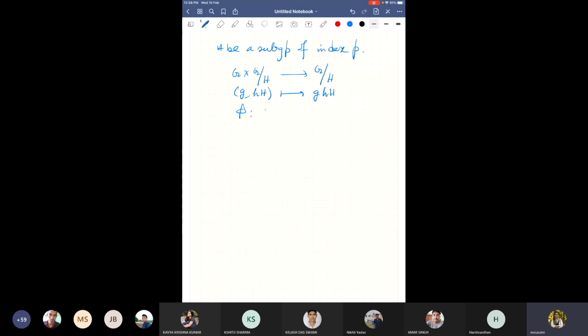The permutation representation of this group action is almost similar. And then what you want to show, again the same thing, is that kernel of phi is equal to H. Try to show this in this case. If you are not getting it, tomorrow I will discuss. Think about it. This is the hint. I have almost done it. Only in the last couple of steps, you have to use the fact that P is the smallest prime divisor. That's all.